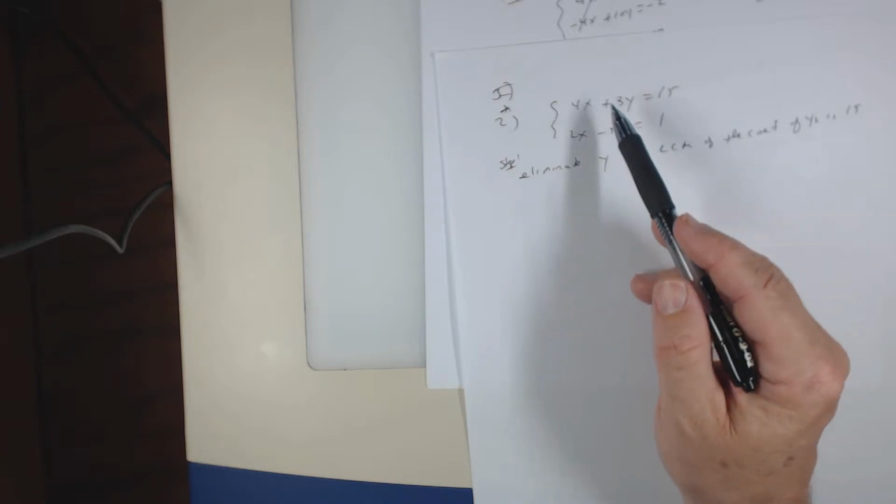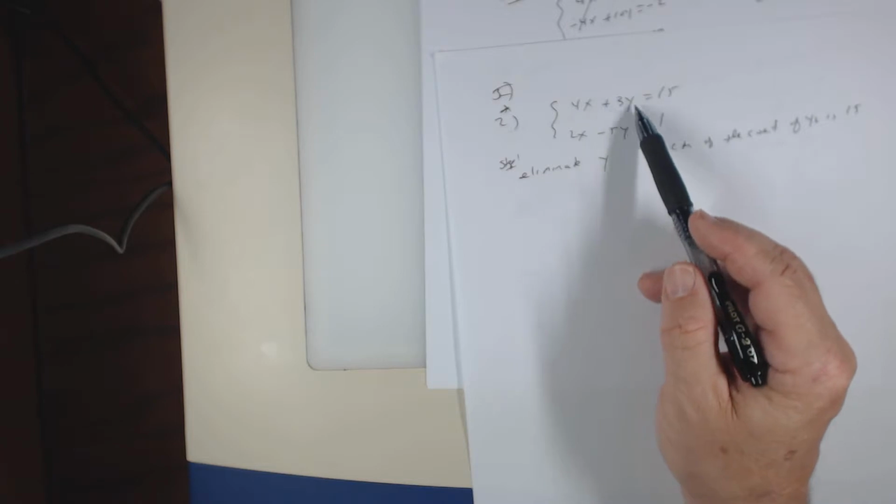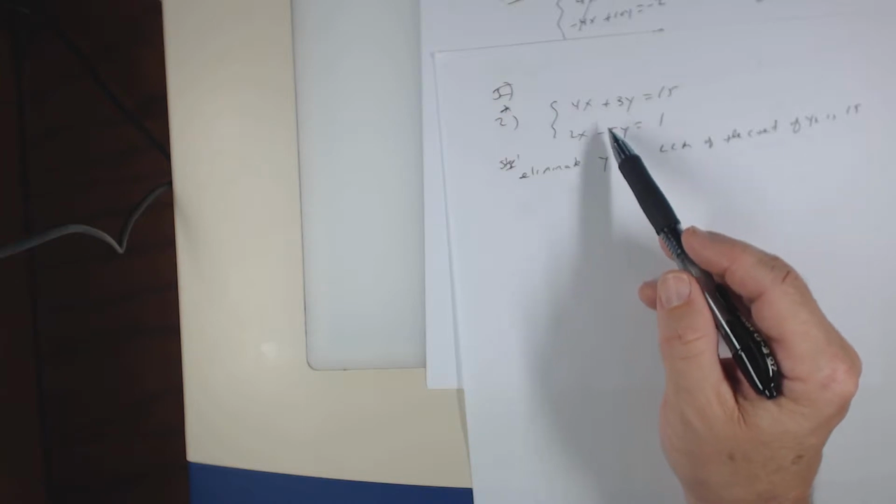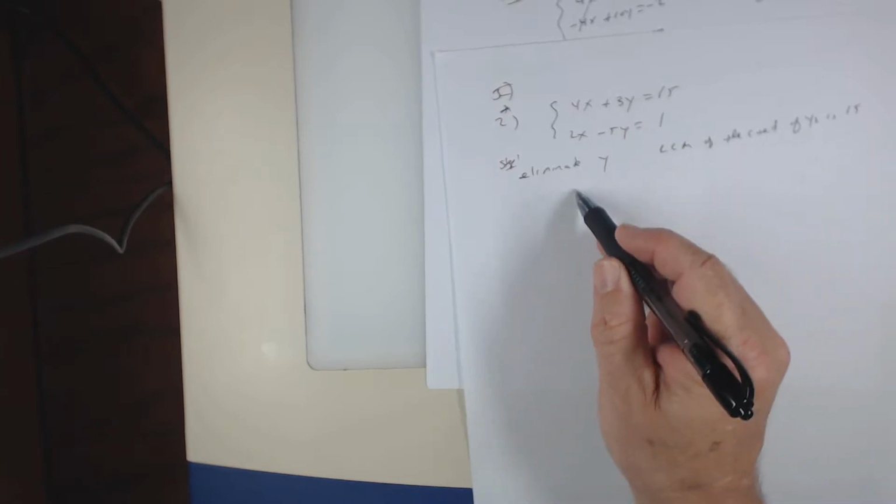So you have to multiply this equation by something and this equation by something so that these are opposites. And see how this is already a positive? So you want this coefficient to be what number then? Positive 15. You want this one to be a negative what? 15. All right, so let's look at this.